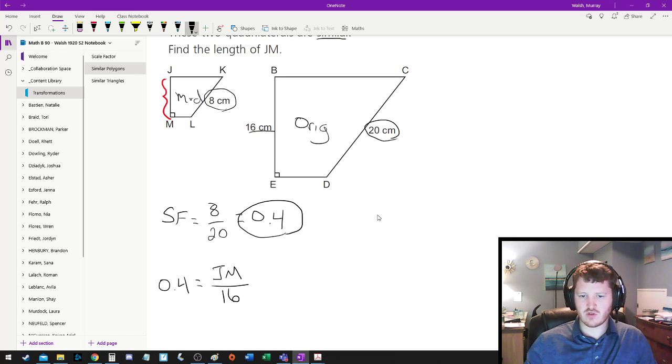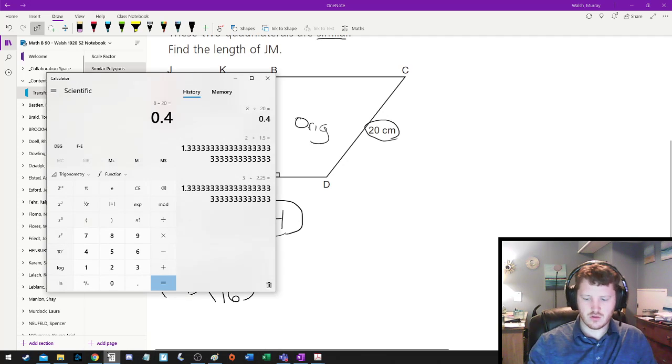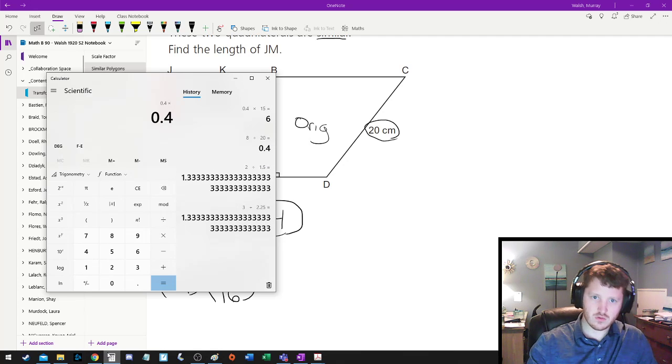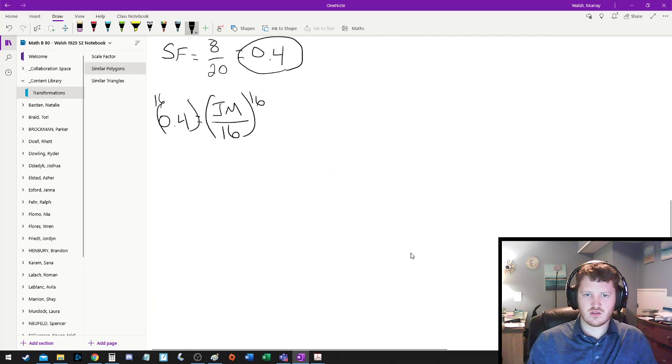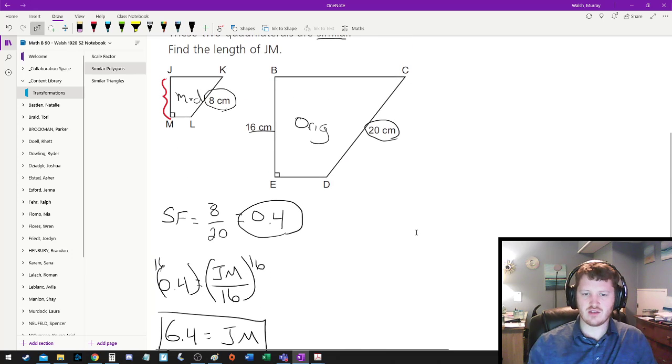Solving this equation for JM, multiply both sides by 16. 0.4 times 16 is 6.4. So 6.4 equals JM. So that is how we solve this.